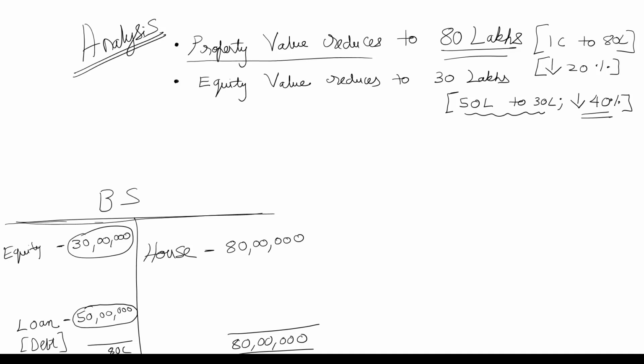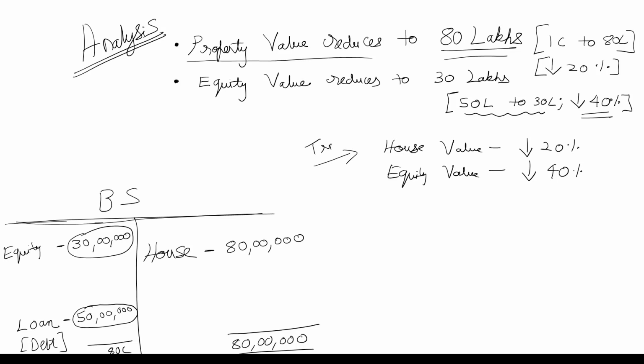So what we can see here is house value reduces by 20% and equity value reduces by 40%. So here again you can see there is a trigger.